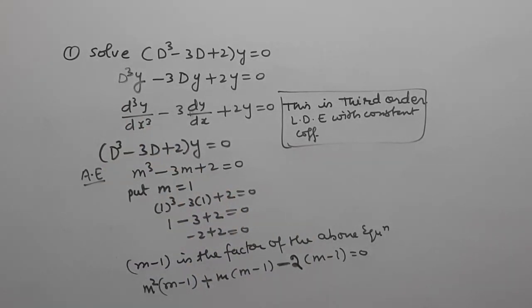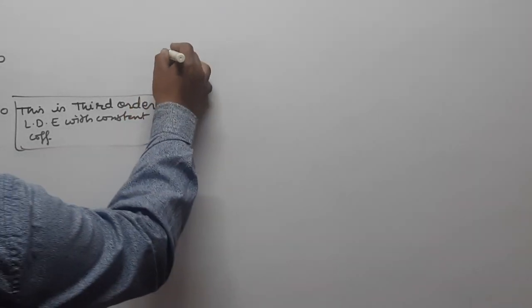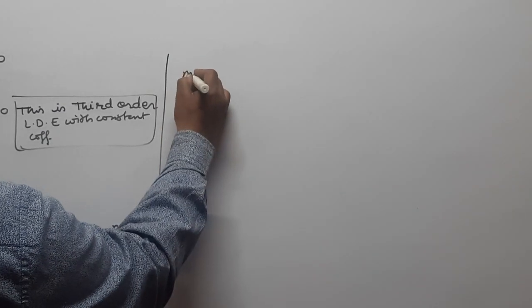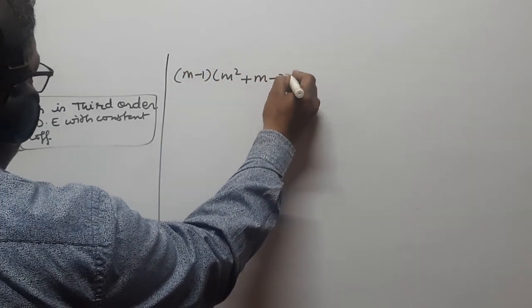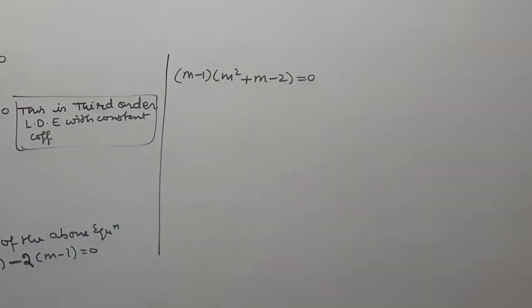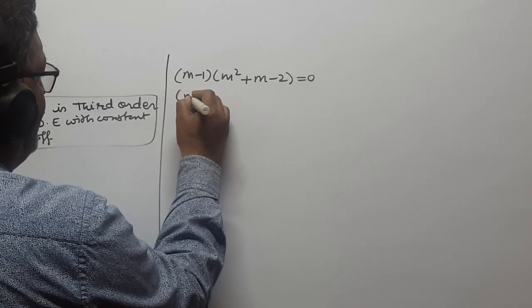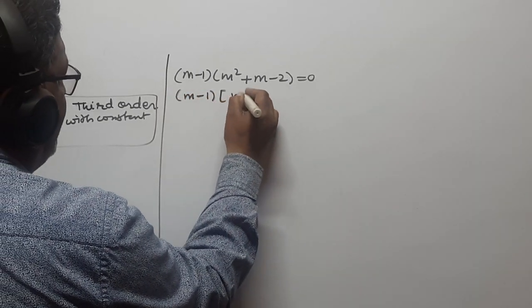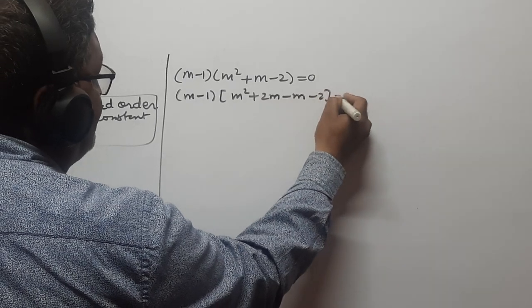Now taking m minus 1 common, we get m square plus m minus 2 equal to 0. Now we factorize this m square plus m minus 2. It can be written as m square plus 2m minus m minus 2.